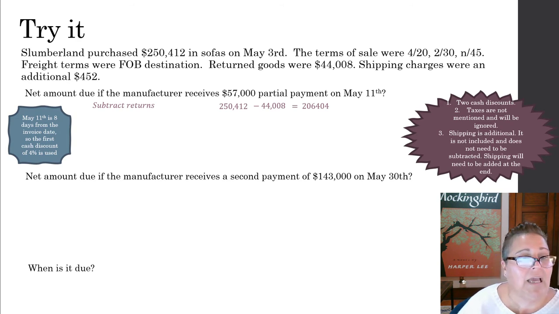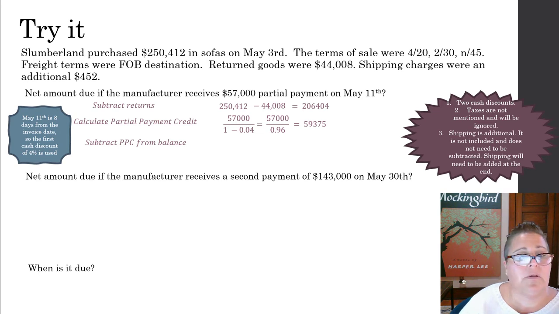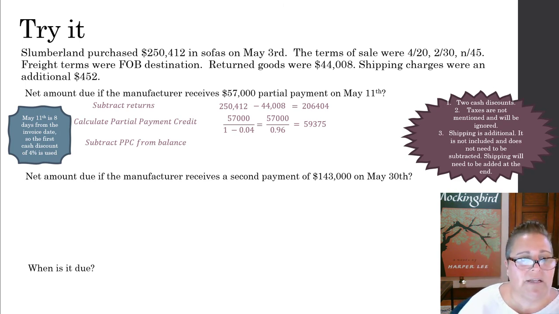So I can calculate the partial payment credit, which is at 4%. So I'm going to take 57,000 and I'm going to divide it by 0.96, the complement of the 4% discount, to see that I have $59,375, which makes sense because 59,000 is more than 57. I'm paying a partial payment of 57. My credit will be more than that, so 59,375.